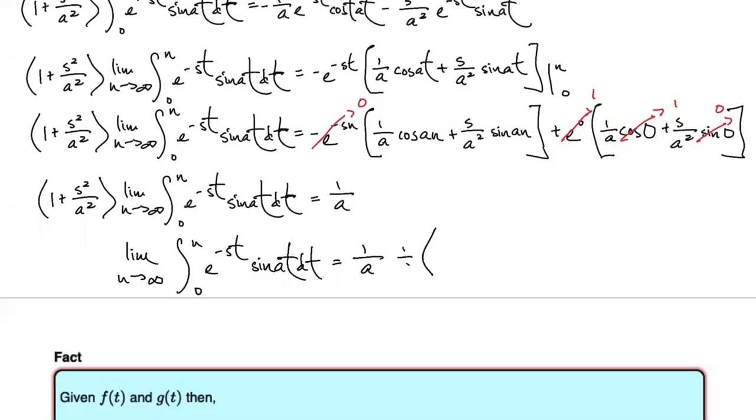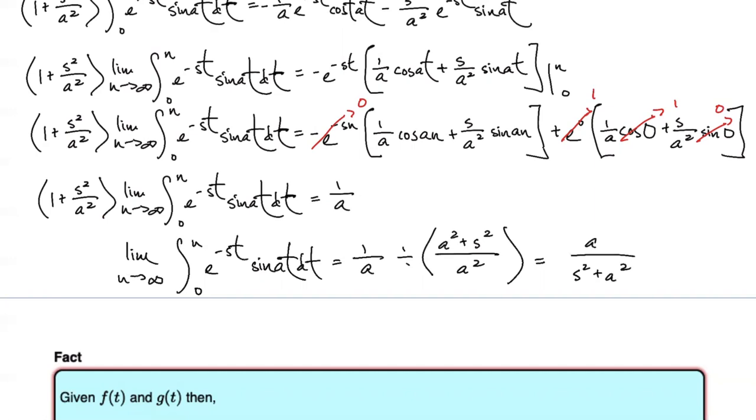So I'm going to divide by a squared plus s squared over a squared. Now, hopefully we remember when we're dividing by a fraction, we multiply by the reciprocal, right? So this is equivalent to a over s squared plus a squared.